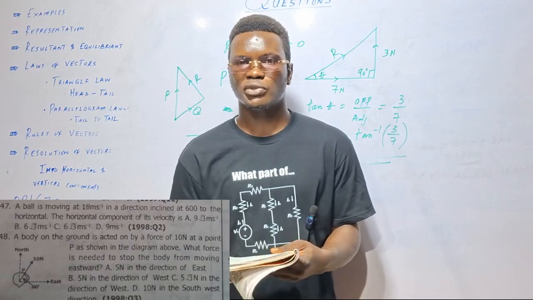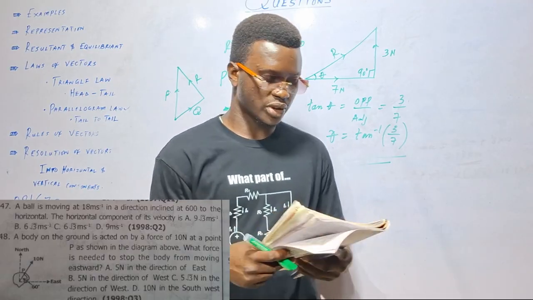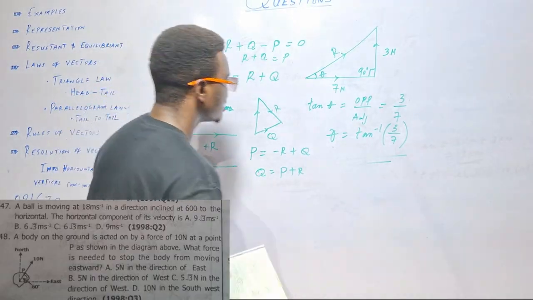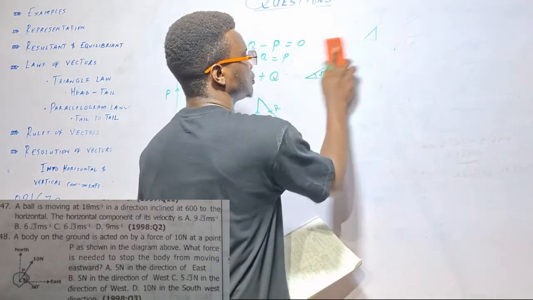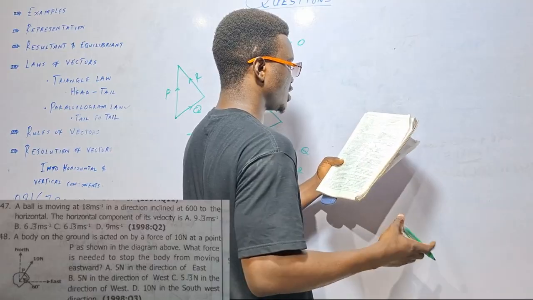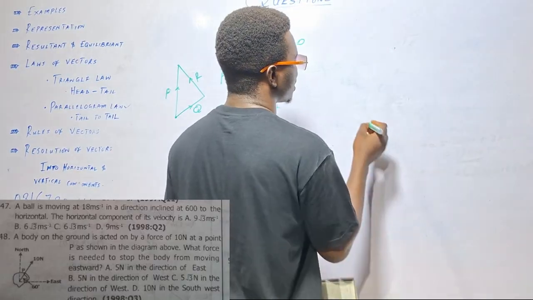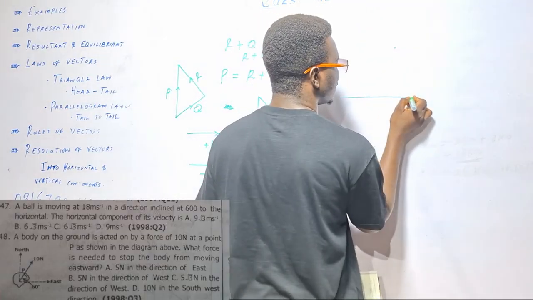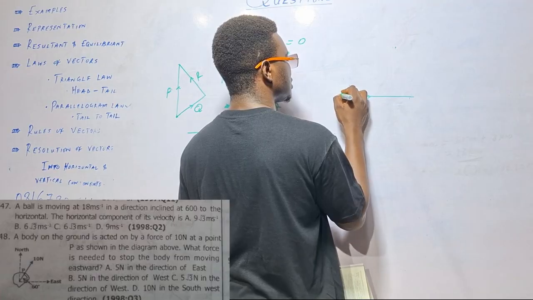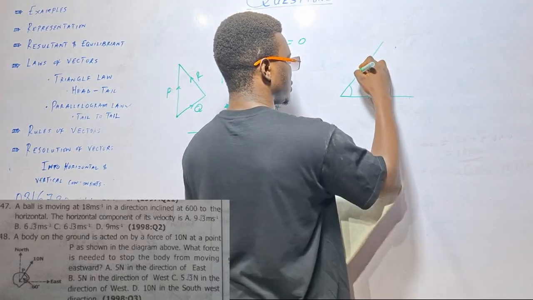So let's draw the free body diagram and see how this question is. You have a ball that is moving at 18 meter per second. That is the velocity, in a direction inclined at 60 degrees to the horizontal. So this is the horizontal line.